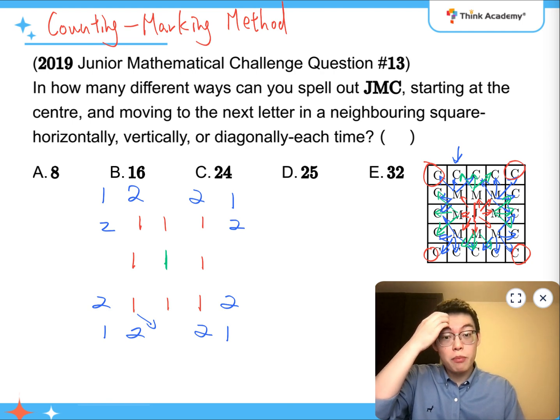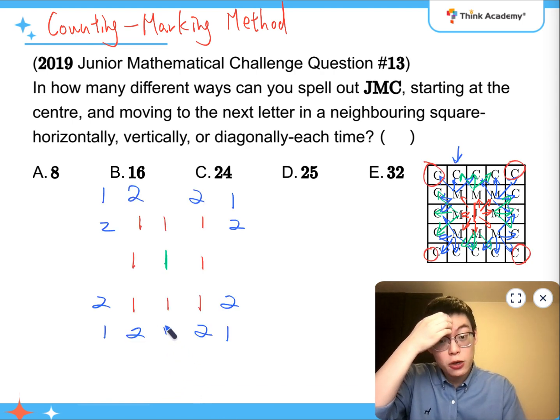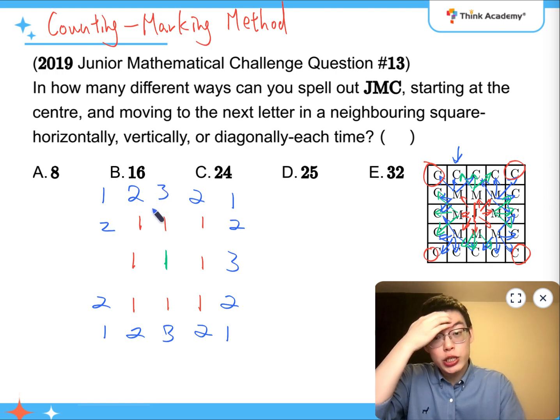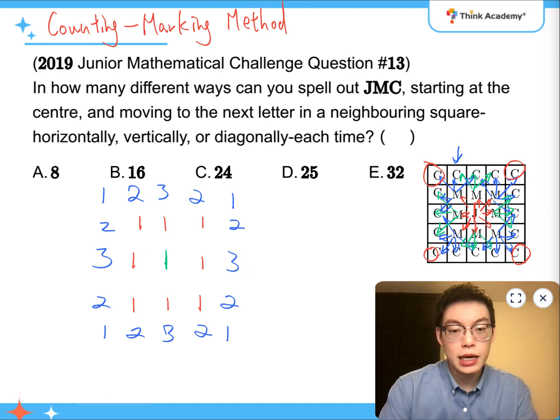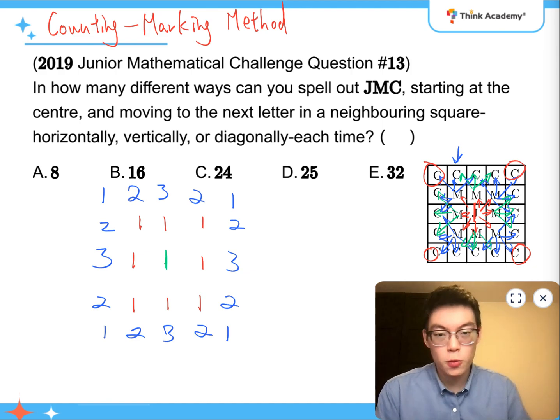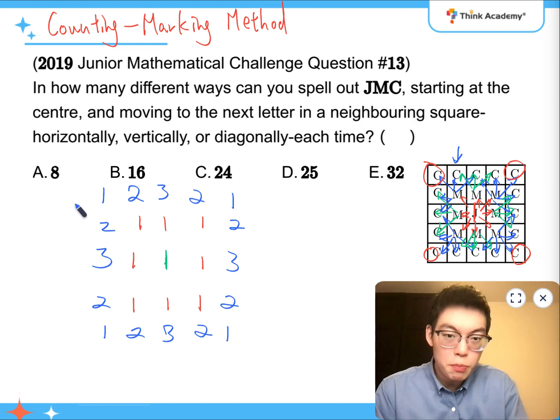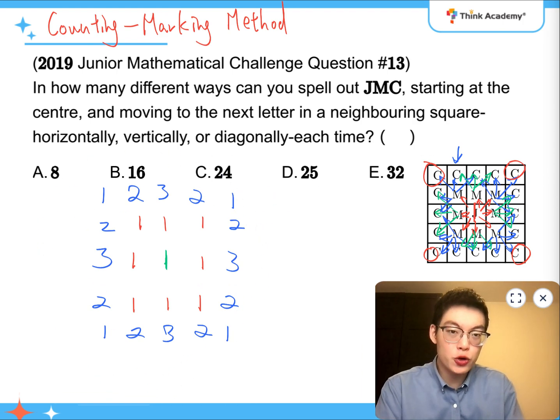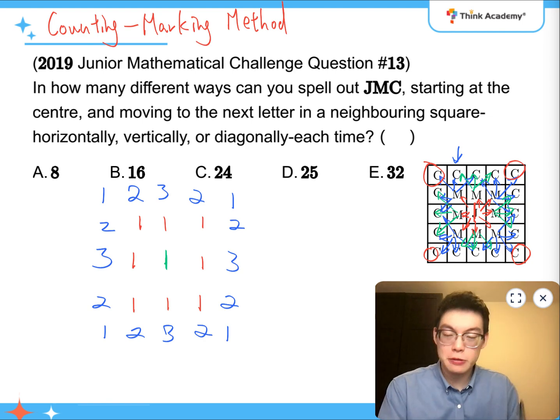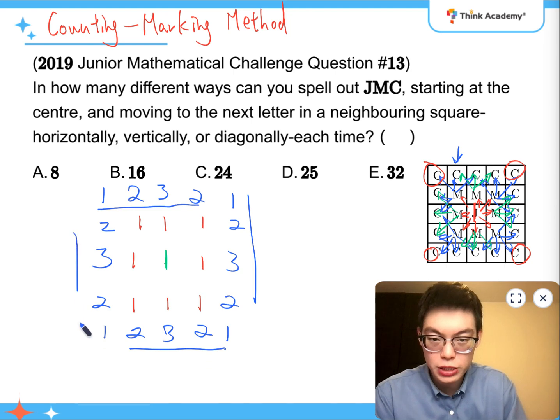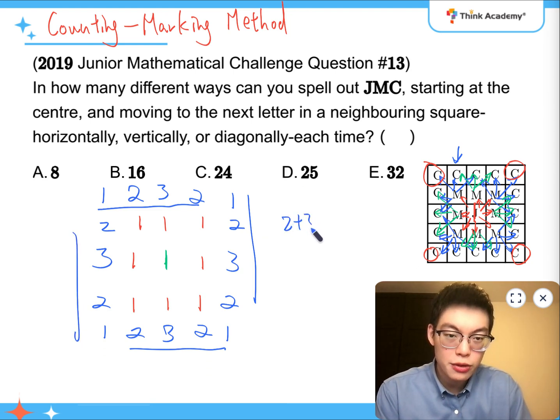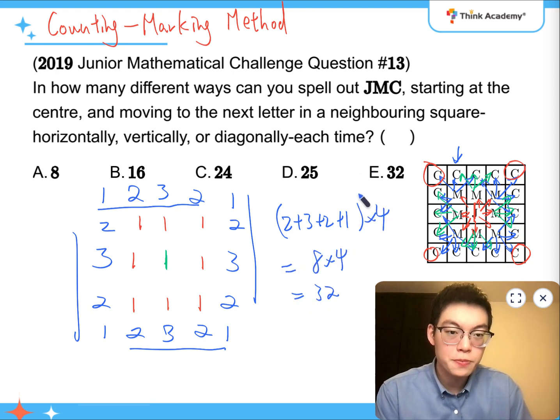So we add the number of paths altogether, and you can see that's going to be 3's in each of them. So you just need to add the blue numbers all together because that's how you can reach all the C's, right? So we have 1, 2, 3, 2, 1, 2, 3, 2, 1, 2, 3, 2, 1, 2, 3, 2, which means I'm having 2, adding 3, adding 2, adding 1 times 4. That's going to be 8 times 4, which is 32.